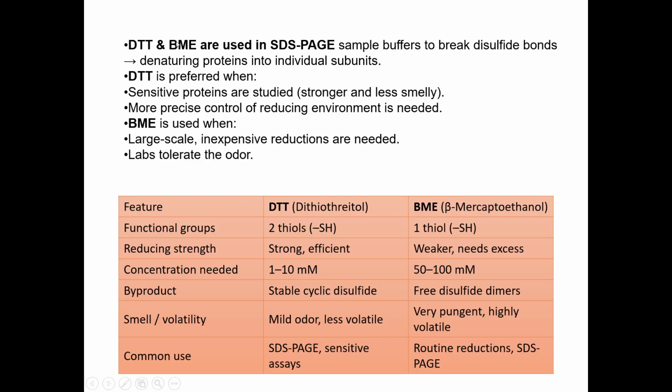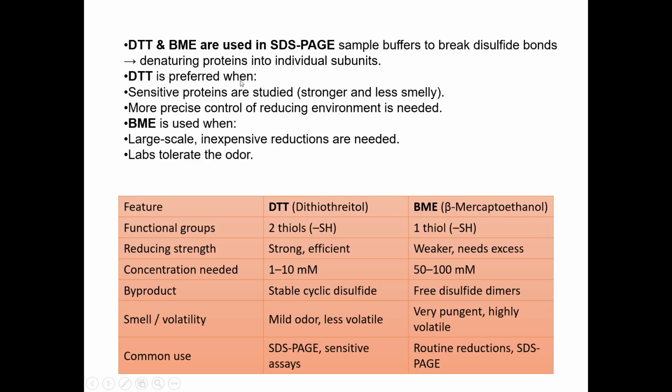So these are used also in SDS-PAGE in sample preparation, in the Laemmli sample buffers, to break the disulfide bonds and denature the proteins into individual subunits, like how in case of antibody we got separated heavy and light chains. In the same way, peptides which are bound by disulfide bonds will now be broken and we will have a more linear form of your protein, which is the denatured form.